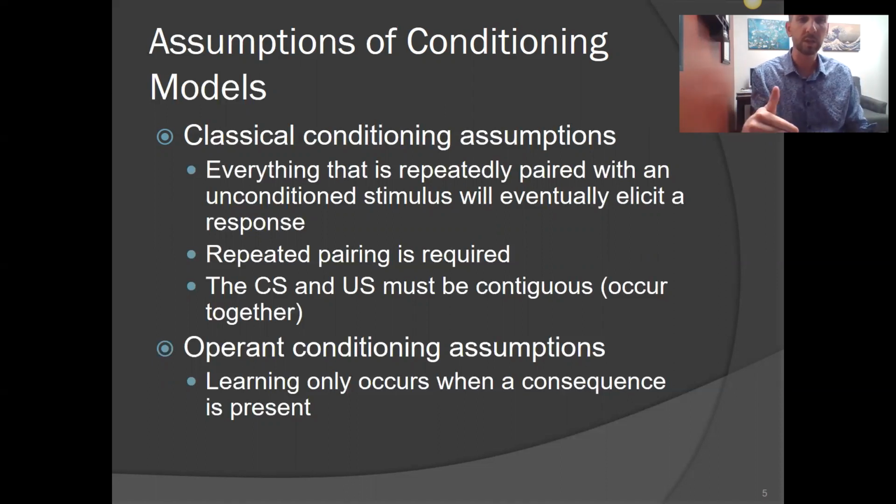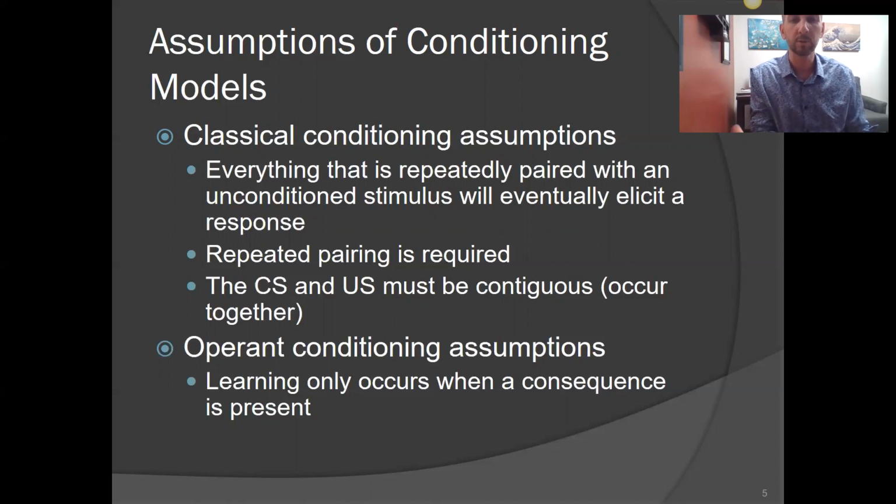It also assumes that you have to have repeated pairing. It's not going to happen in a single shot. And finally, the CS and US must be contiguous. They must occur together at the same time. And so we're going to look at whether those assumptions are always true.